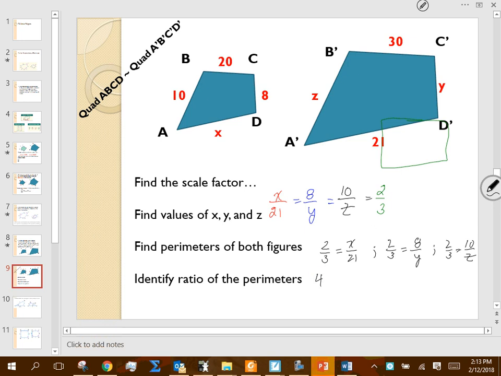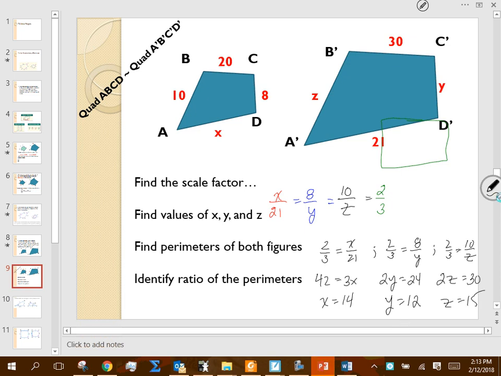This would give you what? 42 is equal to 3x. X becomes 14. This would give you 2y is equal to 24. Y is 12. This would give you 2z is equal to 30. Z is 15. Is that okay with everyone?